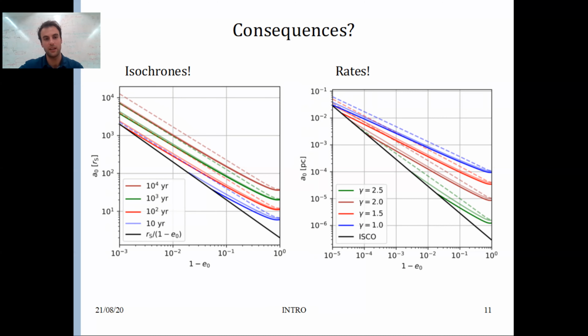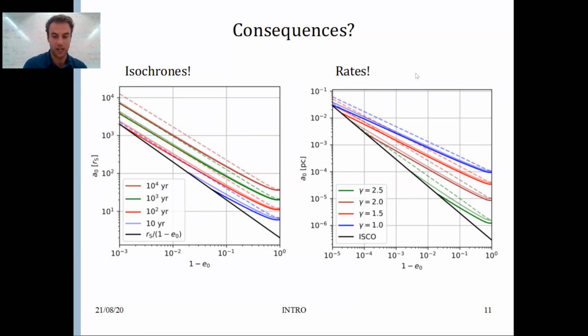And so we expect that the actual number of interesting EMRI sources will be decreased by probably a lot, because if you slice away this slice of phase space, you have to cube the volume, because this is the semi-major axis, and the amount of phase space that you're taking away is the width of this slice cubed. So we think that this correction to Peters' timescale will have a significant effect on, for example, rates for EMRIs.